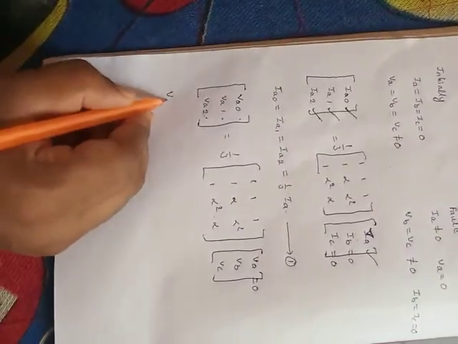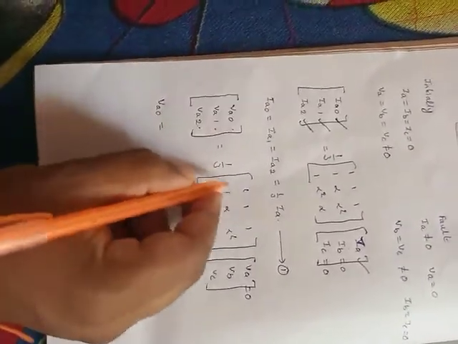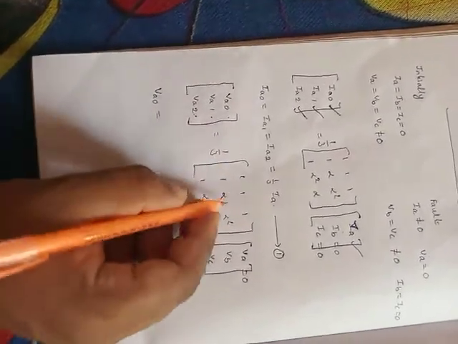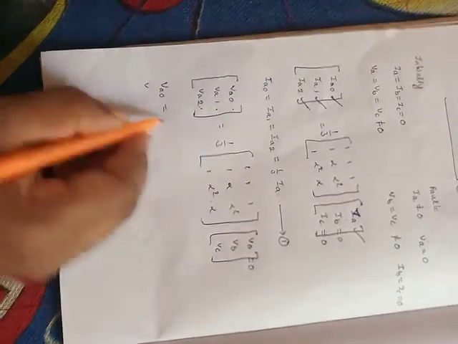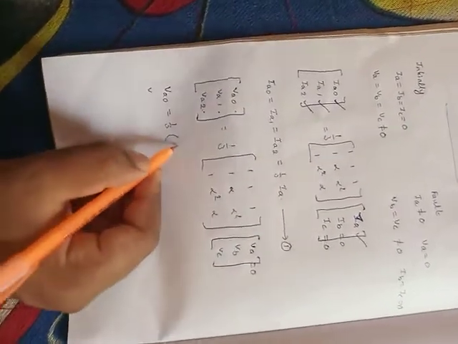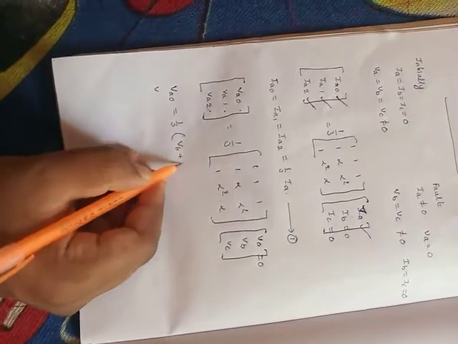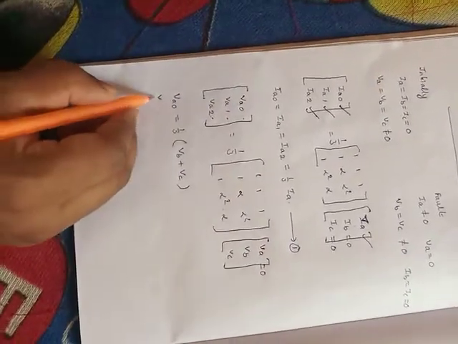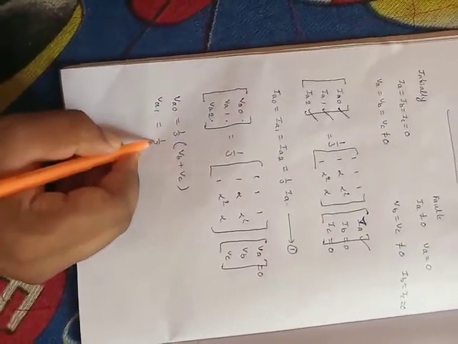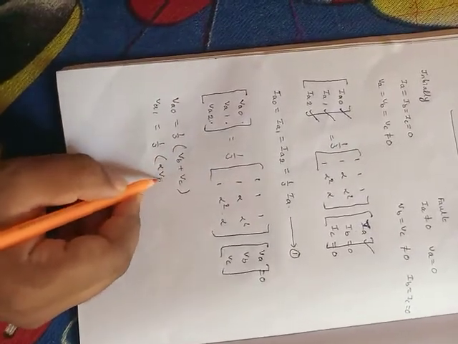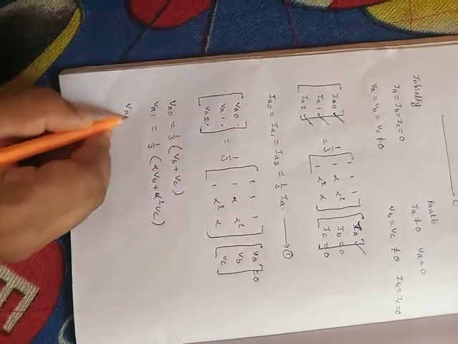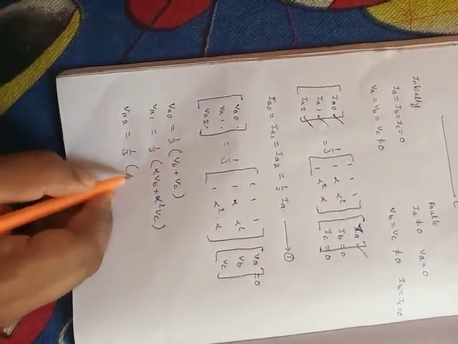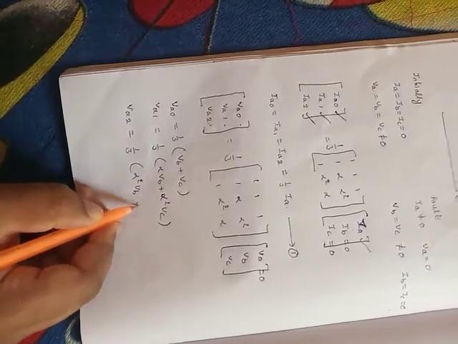Now we get Va0 equal to 1 by 3 (Va plus Vb plus Vc). Next Va1 equal to 1 by 3 (Va plus alpha Vb plus alpha square Vc). Next Va2 equal to 1 by 3 (Va plus alpha square Vb plus alpha Vc).